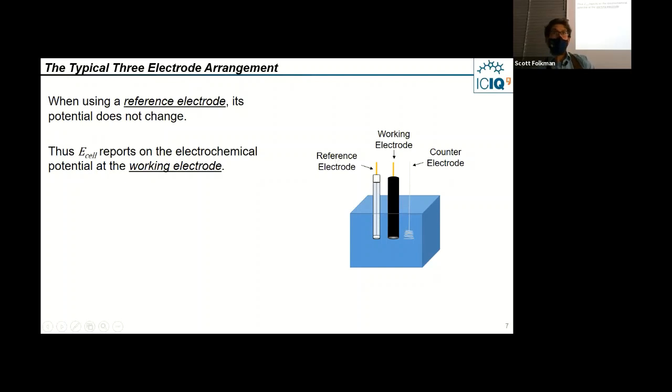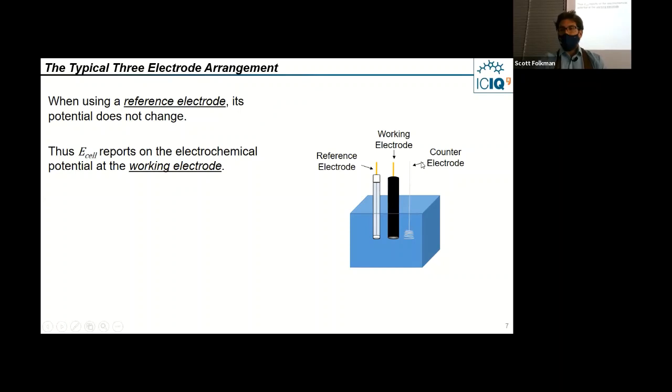And then when we measure the voltage of the cell, we can always report it versus a reference electrode that is unchanging. So then we can have the working electrode that does all of our electrochemistry and can become a useful tool.